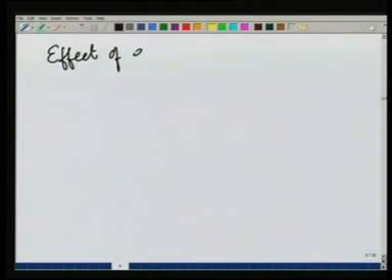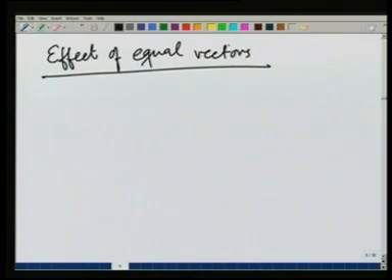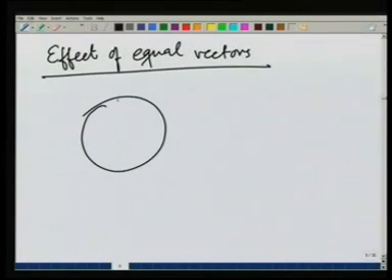One has to be very careful in the effect of equal vectors. Two vectors being equal does not mean that their effect will always be the same. For example, if I take a wheel, I apply a force on its top, say 10 newtons.